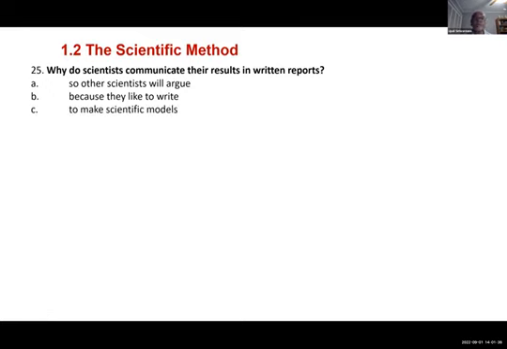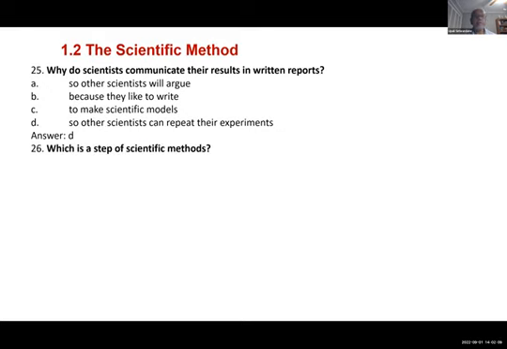To make scientific models? Of course, models are already made. You are writing about them. So the only reason they write a report is so other scientists can repeat their experiments and prove or disprove the conclusions. All right. So that's the correct answer. D.